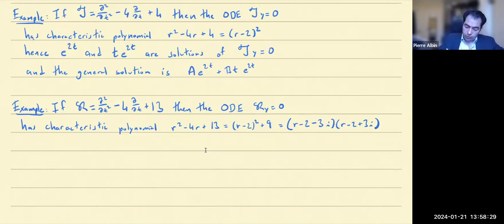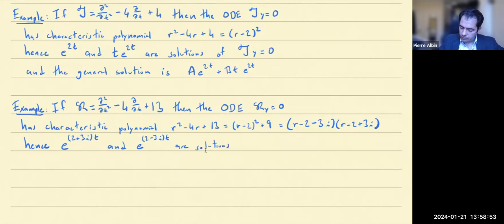Okay, so we have two solutions. So the exponentials will be solutions of the ordinary differential equation. So here we have e to the 2 plus 3i times t and e to the 2 minus 3i times t.